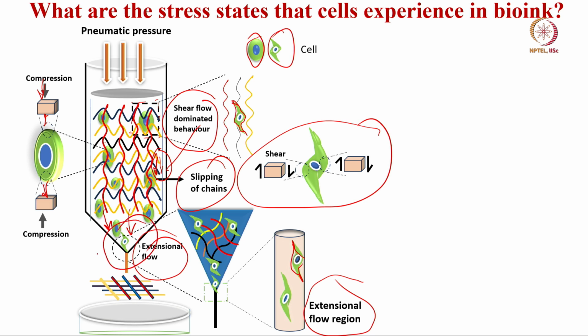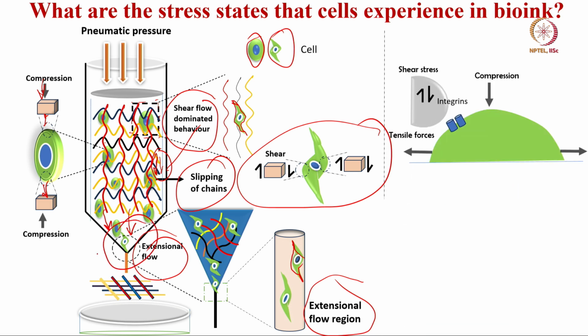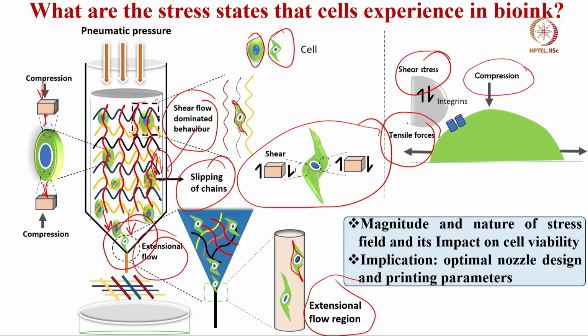So, we are essentially seeing that a cell population, depending on their position at any instance during the 3D extrusion printing, will experience compression or shear stress and also tensile forces.